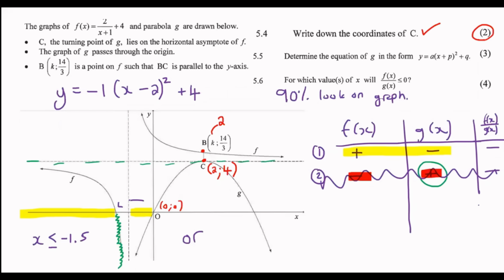Our other answer is over here. So we can say that x must be bigger than the asymptote value, which was, what was the asymptote value? Negative 1.